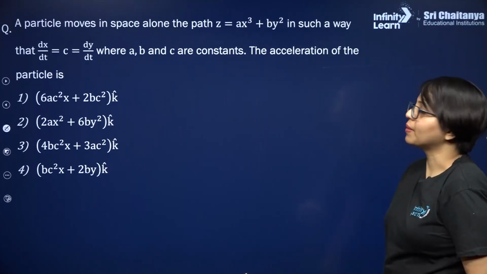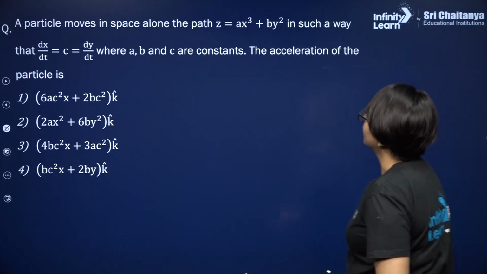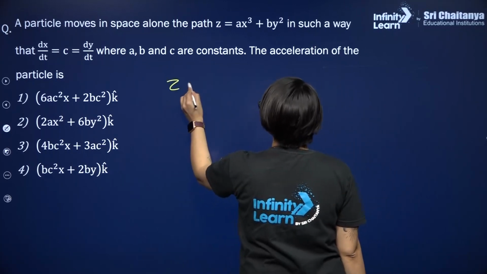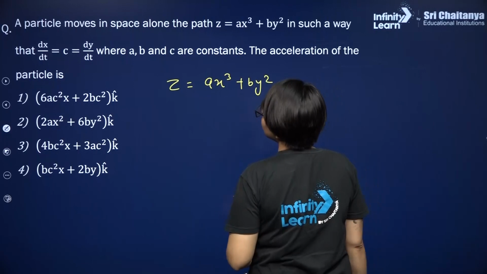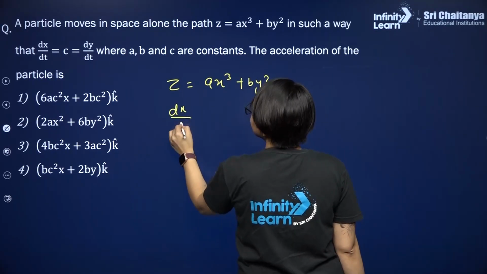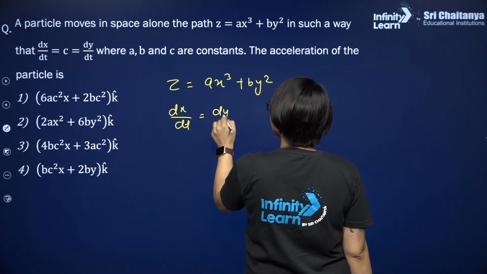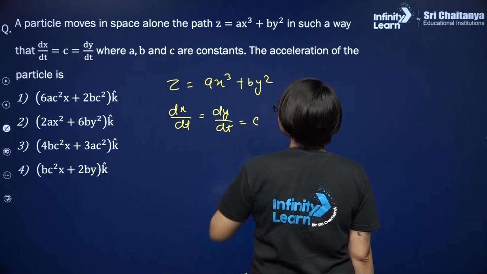Next is this one, a particle moves in a space along the path z is equals to ax cube plus by square in such a way that dx upon dt is equal to dy upon dt is equals to c. C is constant.